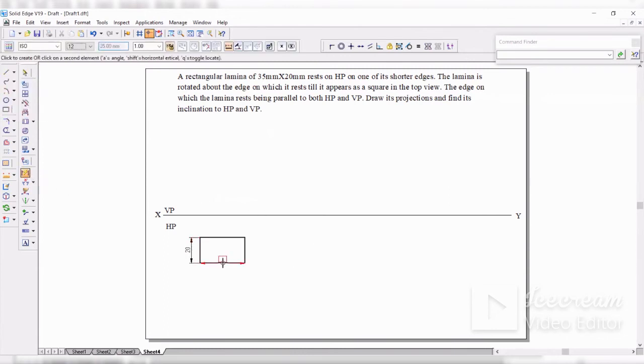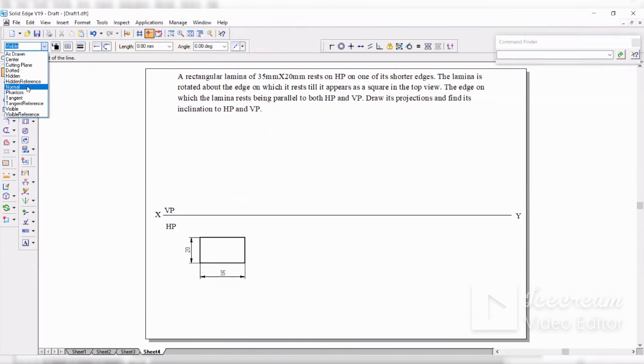It's 20. This is 35. Right. Now take normal line and draw the projections upwards like this. Then similarly from here upwards like this.